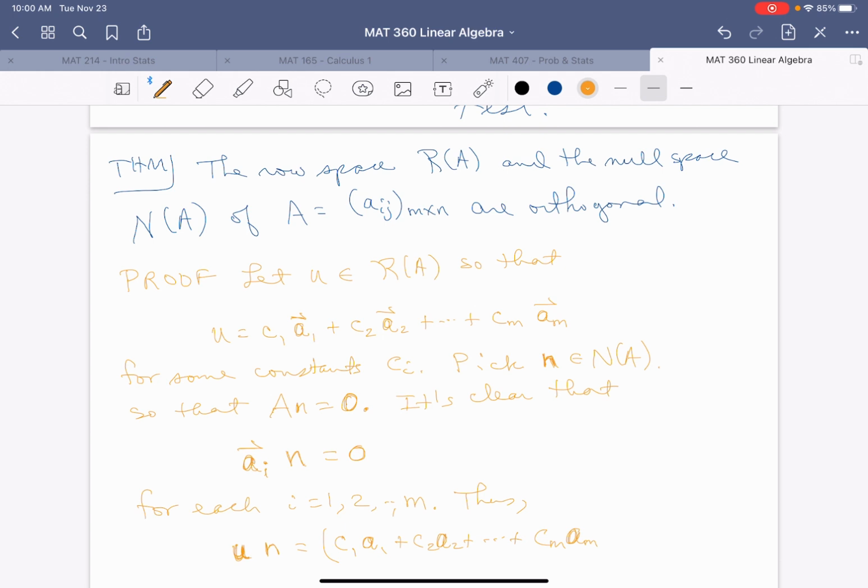And it's the dot product of that with the vector n.